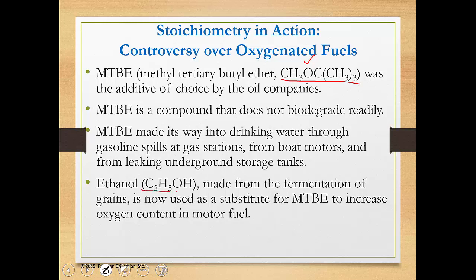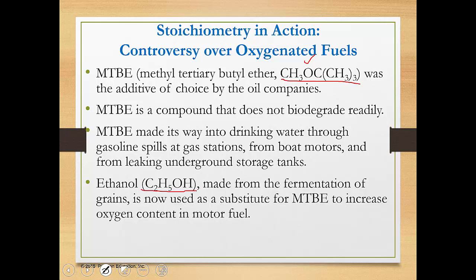So the choice now is actually ethanol. Now, ethanol has been touted as the fuel of the future. We're going to make ethanol from corn, and we're going to put that in our gas tanks and drive. That's never going to be really feasible just because of the energy output from ethanol versus what it takes to make ethanol.